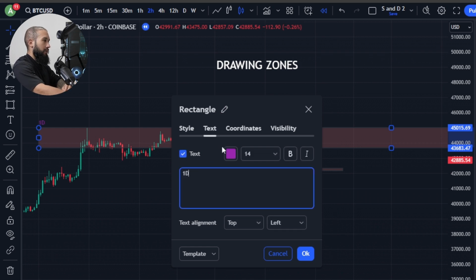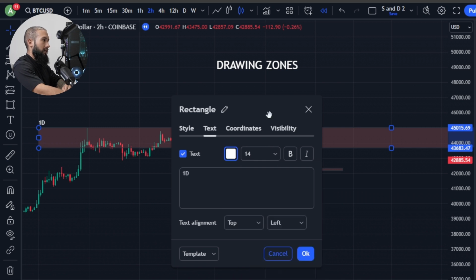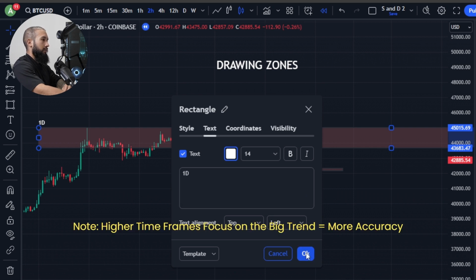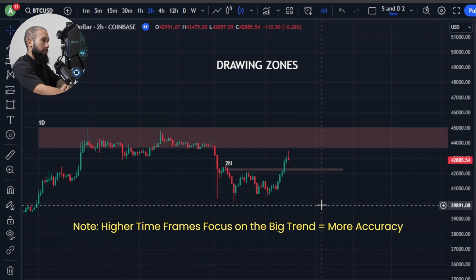And the reason we do this is because typically the higher the time frame that the level or zone is created on, it's going to be stronger and it's going to be able to provide more accuracy for future trade setups. So that's very important to note.